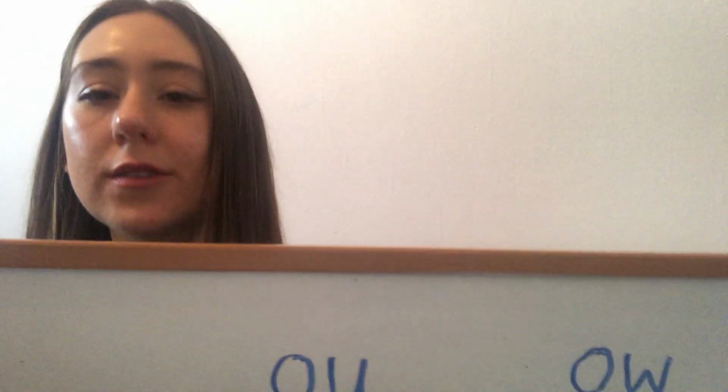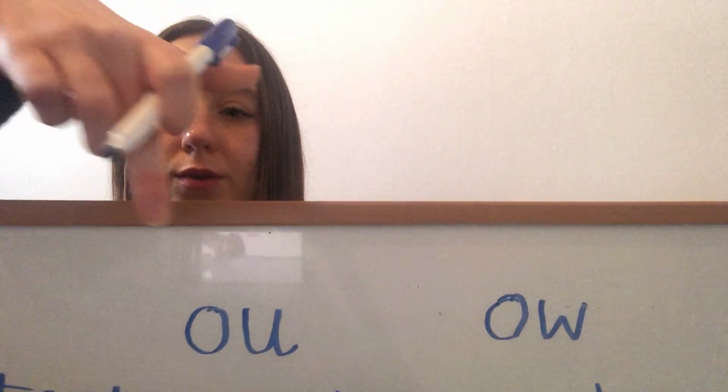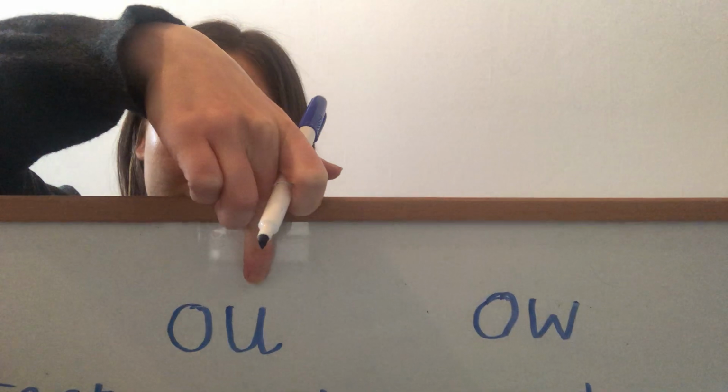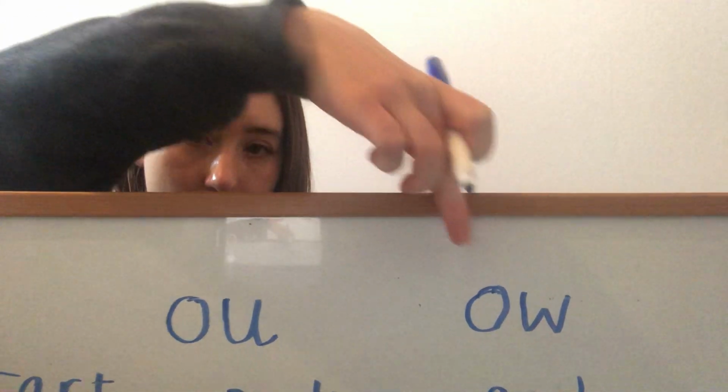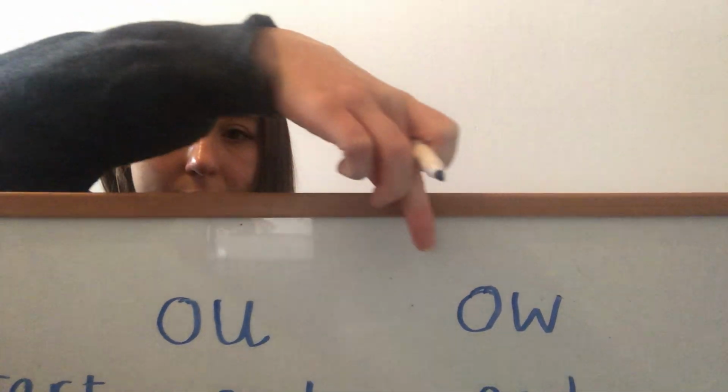I'll show you the sounds that we're learning and I want you to have a little guess at how we would say these sounds. So it's the same sound but two different spellings. Well done if you're saying ow and ow.